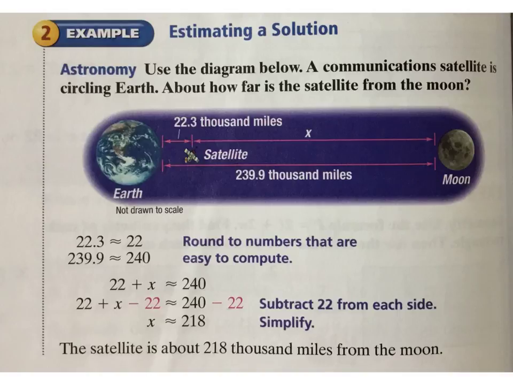So we're going to subtract, right? 22.3 is about 22. 239.9 is about 240. Subtract 240 minus 22, you get 218. So if you were to do the actual work, come back, is it about 218?